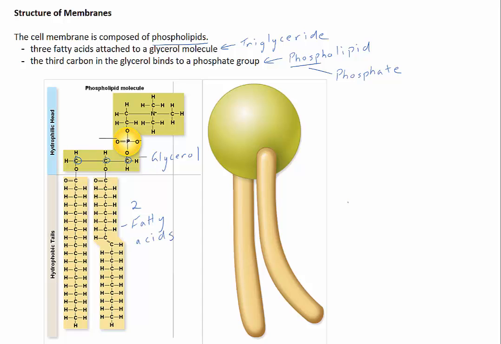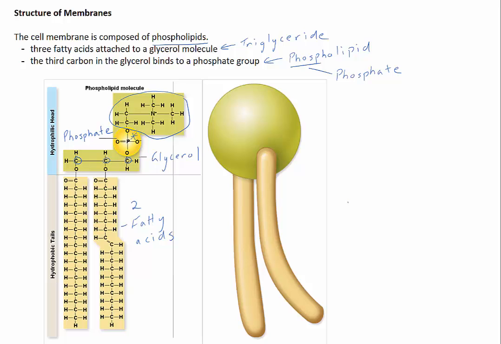And the 3rd carbon in your glycerol is joined to a phosphate, represented by this yellow molecule here, which is then attached to a larger hydrocarbon.